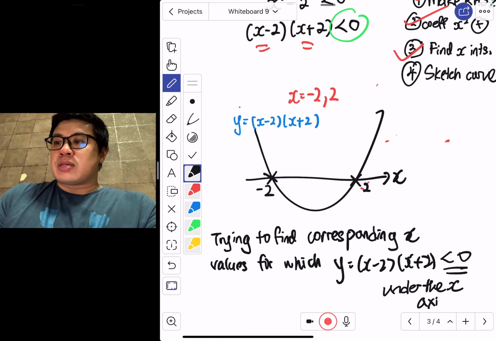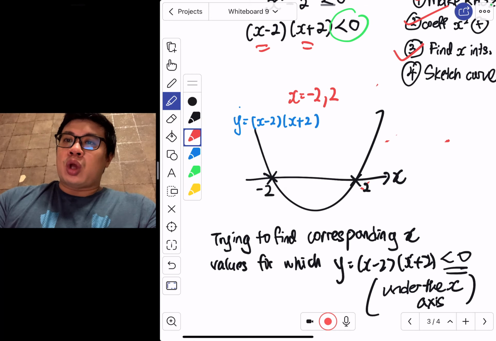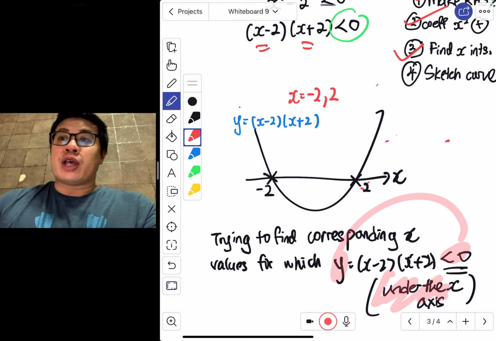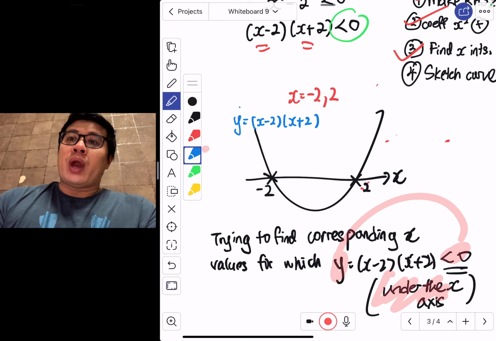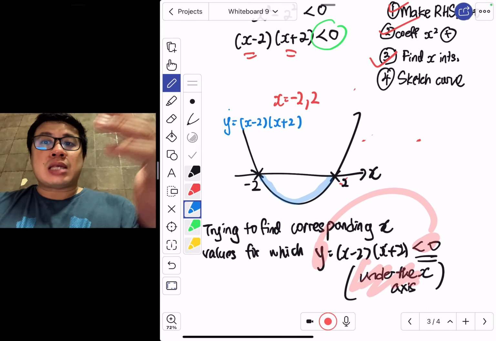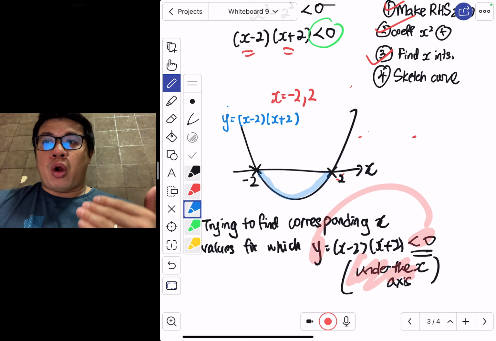Less than 0 means your y has to be underneath the x-axis. So where is that? That will be this region over here. These are the x values that will make your y negative. These are the corresponding x values.